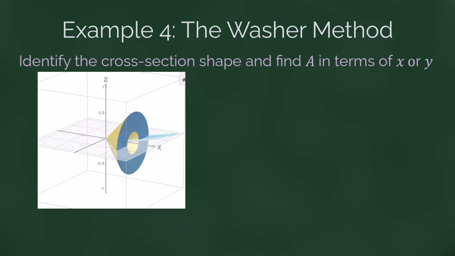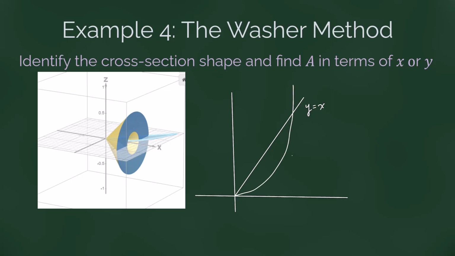Now that we know our slicing direction, we're going to identify the shape of the cross-section and come up with a formula for A. So we'll graph our two functions. We've got y equals x and y equals x cubed, forming the outer boundaries for our rotation. We'll pick an arbitrary point on the x-axis, c, to examine our washer shape.